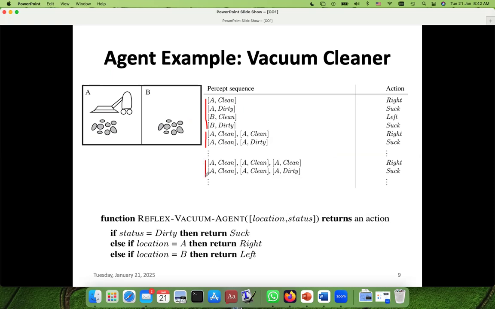This is the third time percept, which means the previous two are the old ones. The last one is always the current one, and the action is the same. Whatever the action is, that would be the action for this last one. But this whole thing is called a sequence.